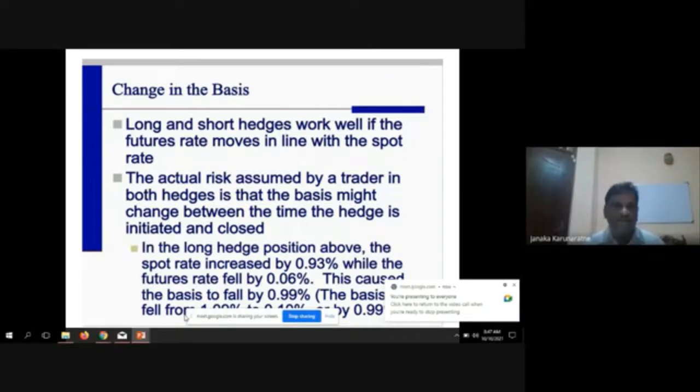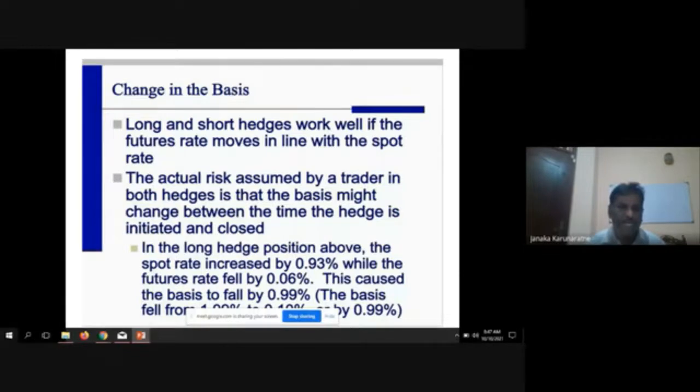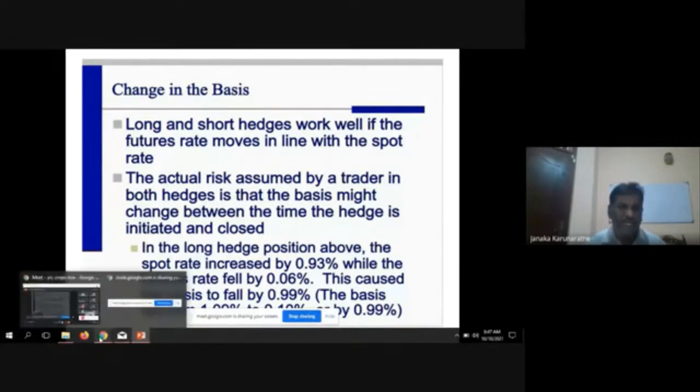No, basically what we were explaining was that if you want to hedge your position, you cannot completely eliminate the risk because the movement of future interest rates and the cash market interest rate are not the same.